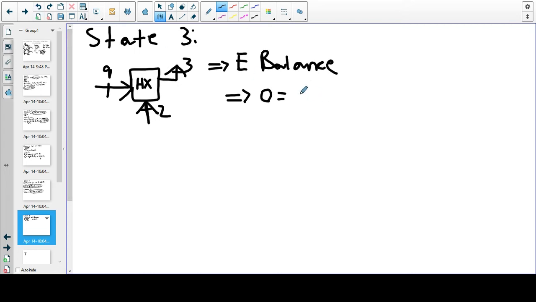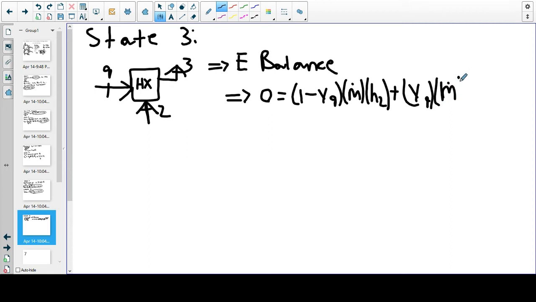I think the m dots aren't necessary here. It should just be 1 minus Y9, which is what I'm using. Remember, that is my percent of mass going that way. The m dots aren't necessary because it's implied already. So just think of it as like the m's aren't there.